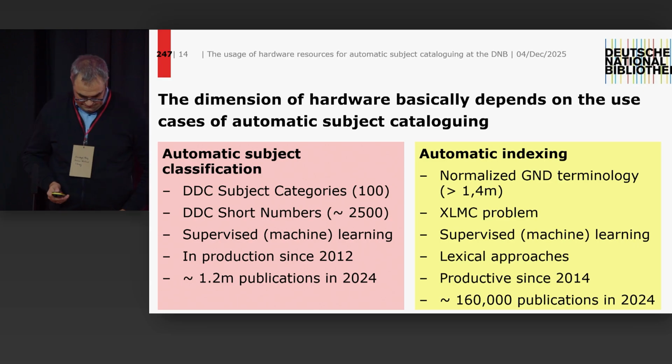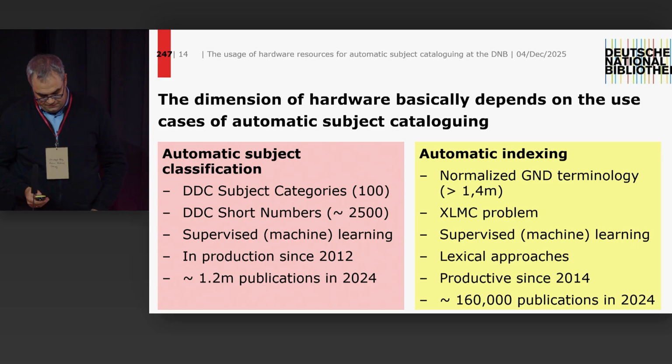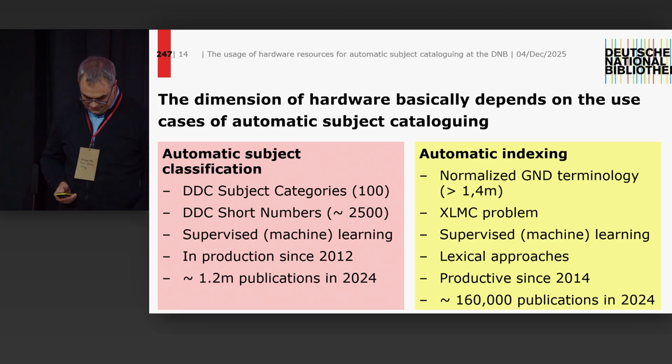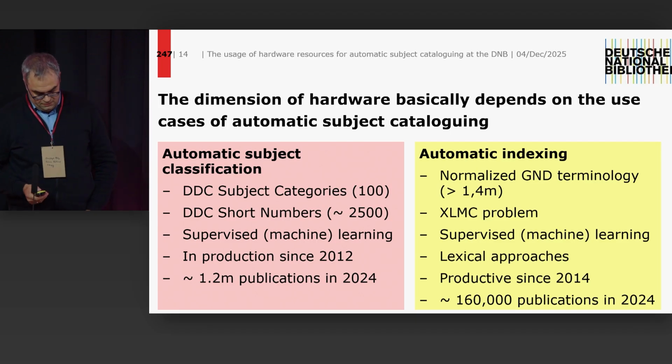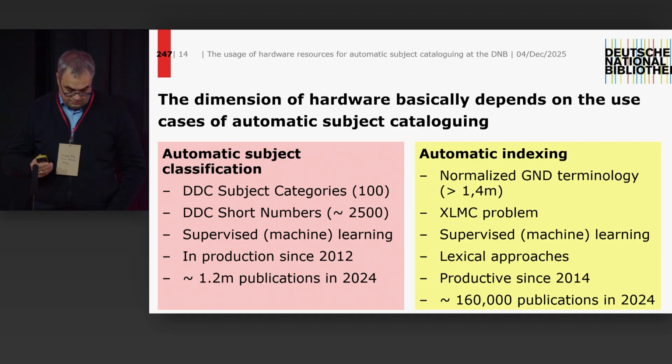The dimension of hardware basically depends on the use cases for automatic subject cataloging. In the area of automatic classification, we have two systems in place to assign numbers of the Dewey Decimal Classification. For that, we use supervised machine learning methods only. Last year, we annotated classification data for more than 1.2 million publications. That's a lot.